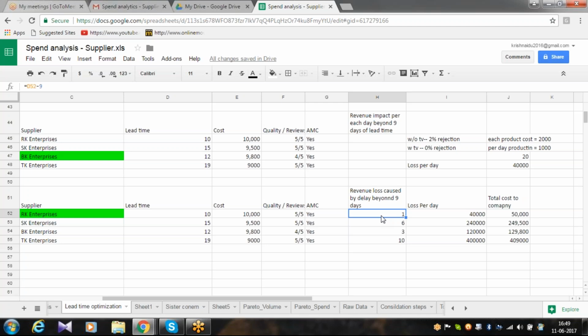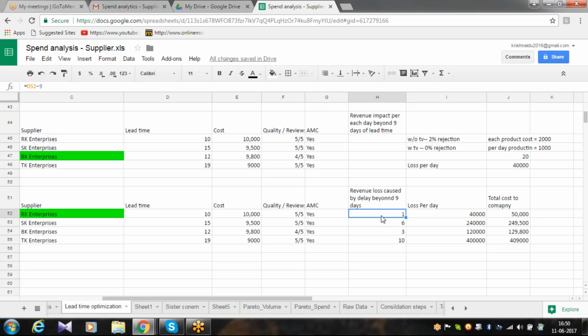Your objective is not just buying raw material; you are buying it to deliver the product derived from the raw material, and after that you have to ship it to the customer. If the supplier's lead time is very high, you are going to lose the order.